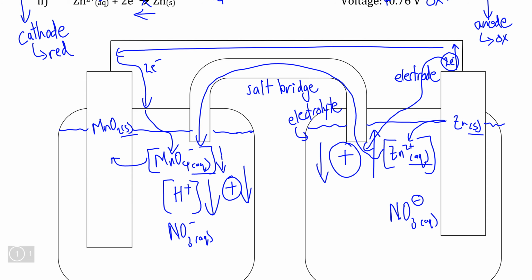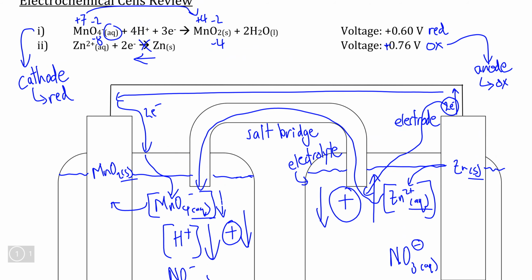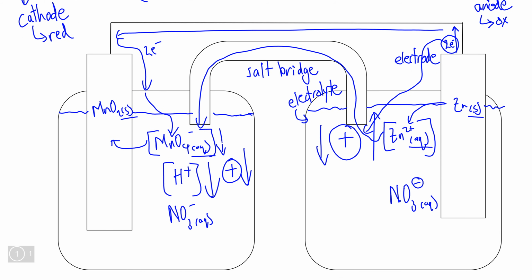However, we see that as hydrogen is consumed by our reduction reaction, the nitrate is not going to react at all, meaning that we are going to have more negative charge than positive charge as our H+ is consumed, meaning that the negative charge is going to get stronger.